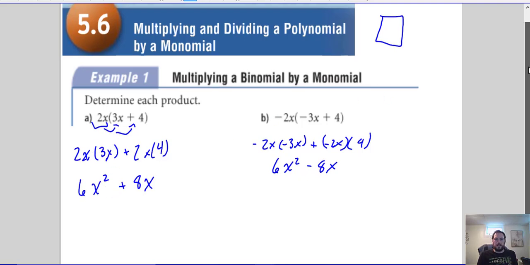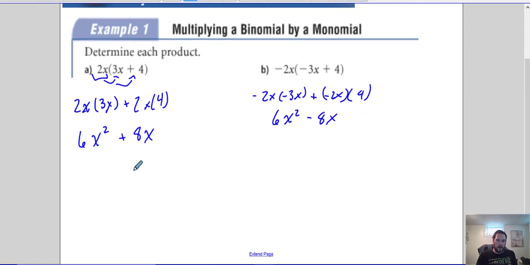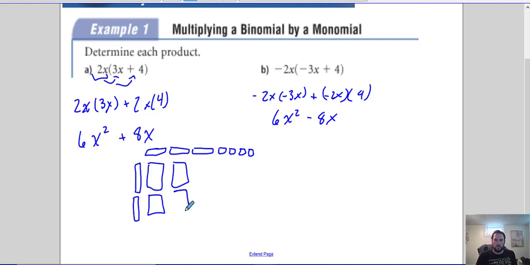I could do this exactly the same way using my algebra tiles as well. I need to set it up as a rectangle. So if I wanted to do that, I could do 2x times 3x plus 4. And then simply just look at the shape that's formed. So this inside is an x by x, so an x squared shape.